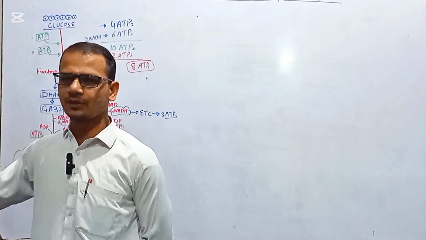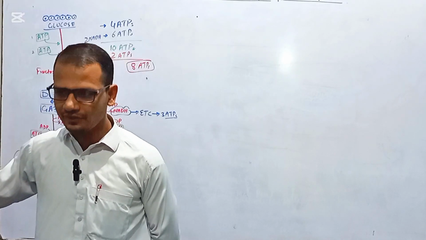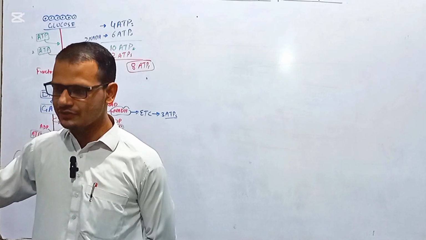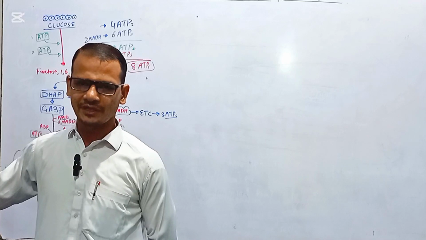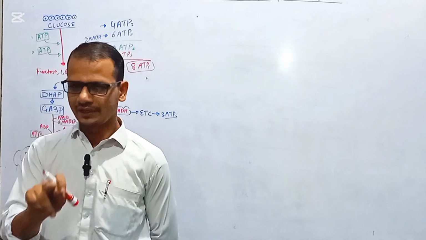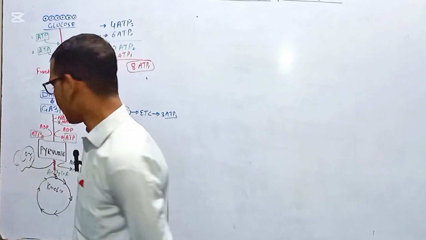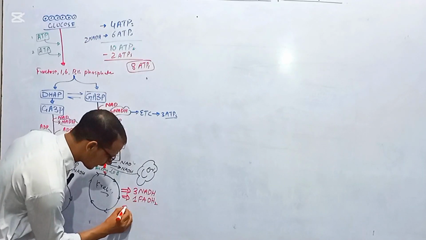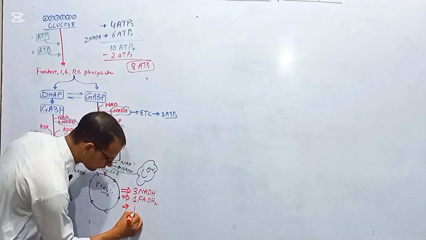Guanosine diphosphate will convert into guanosine triphosphate, and this guanosine triphosphate will give its inorganic phosphate to ADP and convert ADP into ATP.